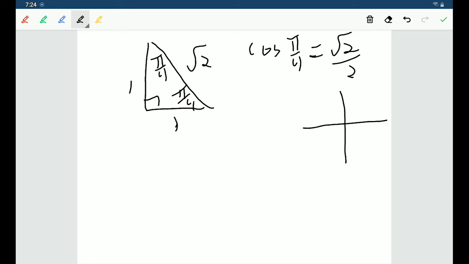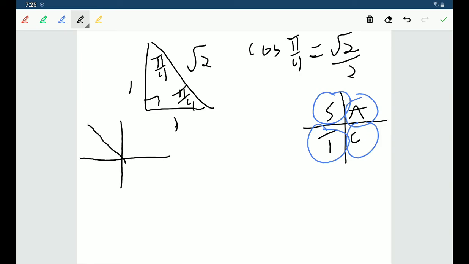We're looking for quadrants where cosine is positive root 2 over 2, so we would have those in quadrants 1 and 4. But we're also looking for where it's negative root 2 over 2, and that would be in quadrants 2 and 3. So it looks like we're going to have 4 solutions in total, 1 in each quadrant, and it's easy enough with a few quick sketches to figure out where they are.